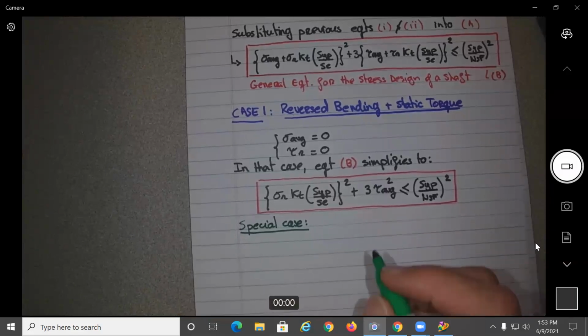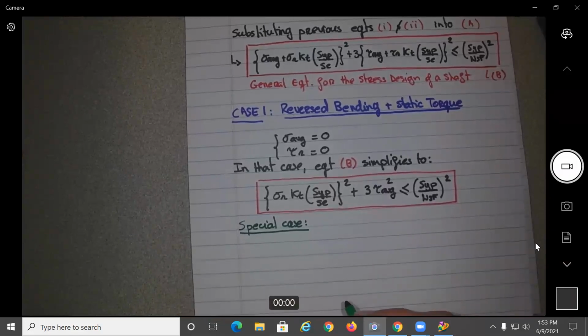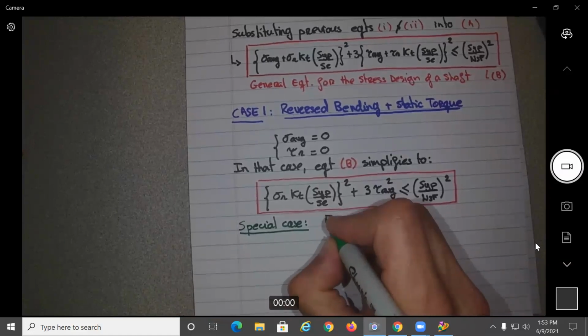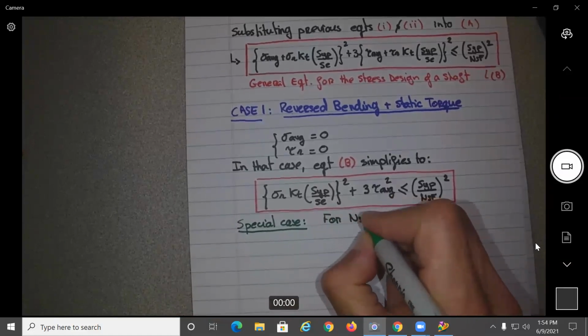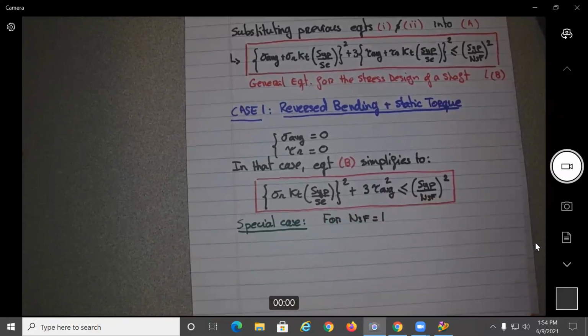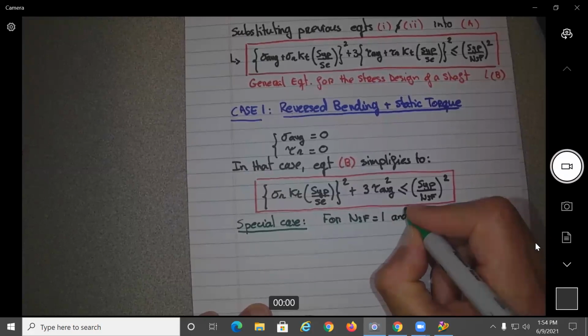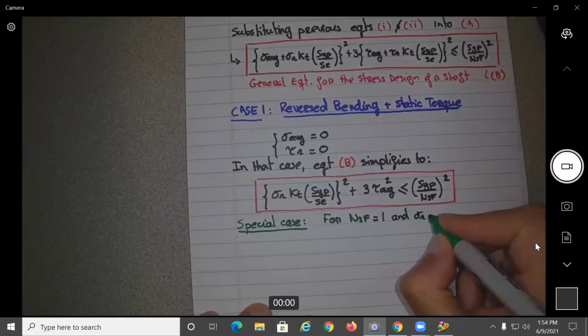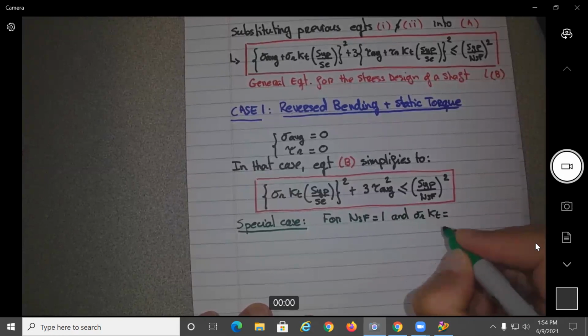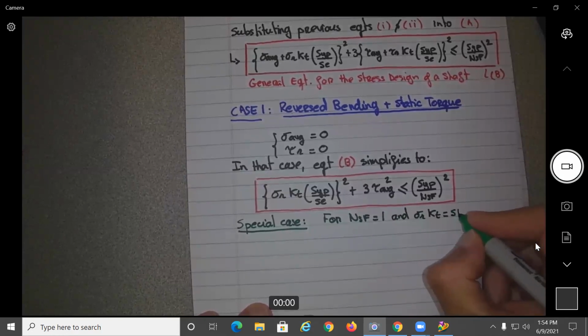Let's say that the safety factor is equal to 1, and I'm going to change the notation and let's say sigma sub r k sub t equals S sub b.